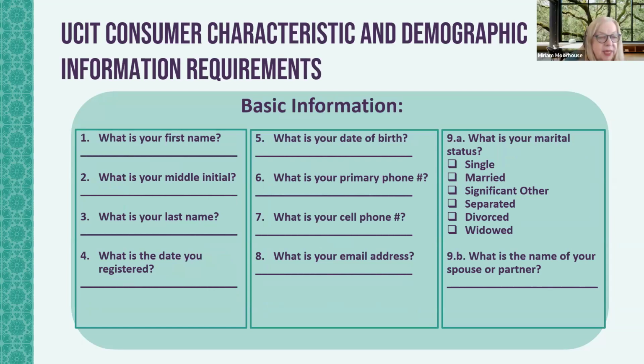And then basic information. What's your first name, your middle initial, your last name, what date you registered, what's your date of birth. Now, I want to put a caution in here because there are lots of very similar names in New Mexico. So you need to make certain that you get the person's first name, their last name, and their date of birth.